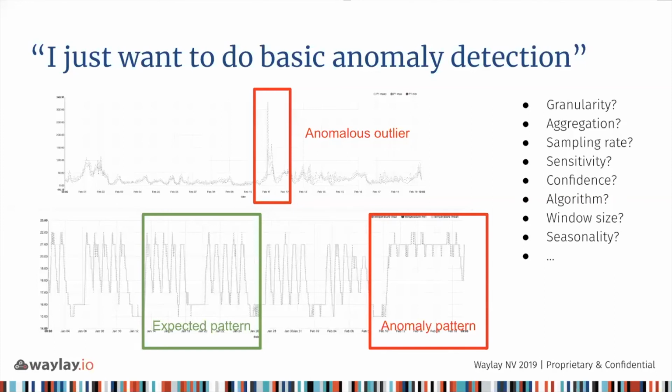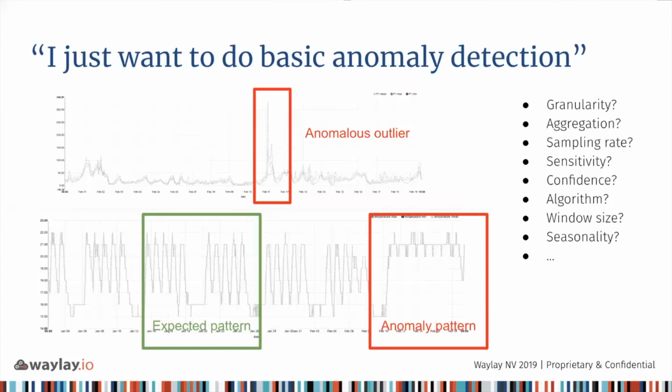And it could be that the action that you want to take is different depending on the type of anomaly that you're seeing, right? On the top, you see a peak. Well, there may be a specific action that you want to assign to that peak because it's completely abnormal. While at the bottom, when we actually zoom into the data, we see a little bit of a pattern appearing inside the data.